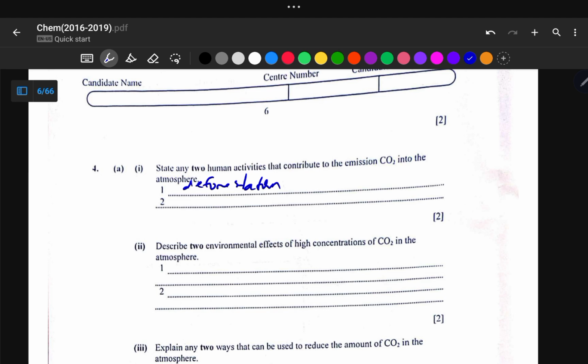So by deforestation we reduce photosynthesis, thereby increasing the concentration of carbon dioxide in the atmosphere. And then the combustion of fossil fuels, e.g. coal, natural gas, right?